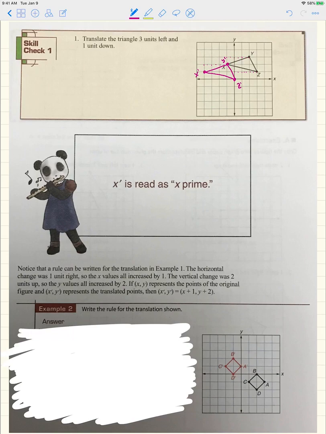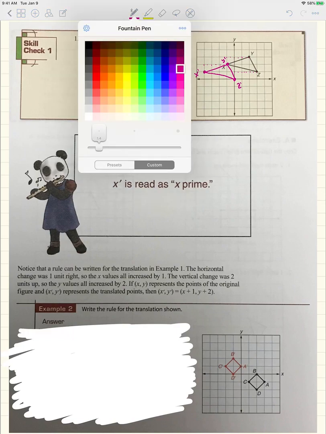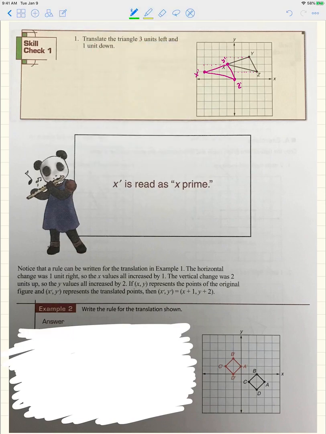When you're translating, if you ended up with a triangle that was like this, this, and this, you've got to say to yourself, okay, that looks like a very different shape than what I started off with. I have done something incorrect. I need to erase what I've done and go back to the drawing board, okay? This just reminds us x with this little apostrophe is read as x prime.